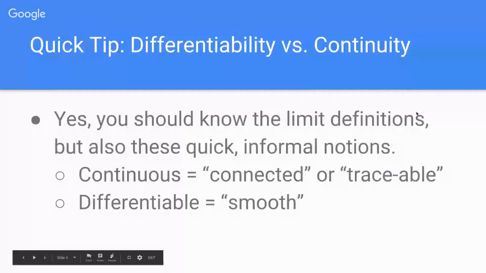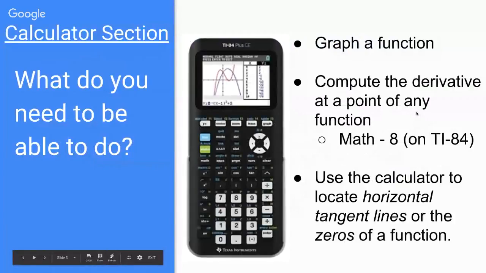All right. So a couple more slides. Calculator section, some tips. What do you need to be able to do on the calculator section? You want to be able to graph a function in the y equals, and then show it on the screen. You might have to compute the derivative at any point. For the 89 and the Inspire, it's different, but for the 84, it's going to be Math 8. Math 8 is the button you click, and you type in the function and the point you want to compute the derivative.